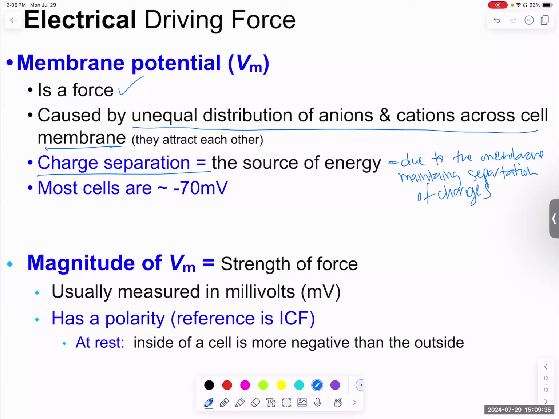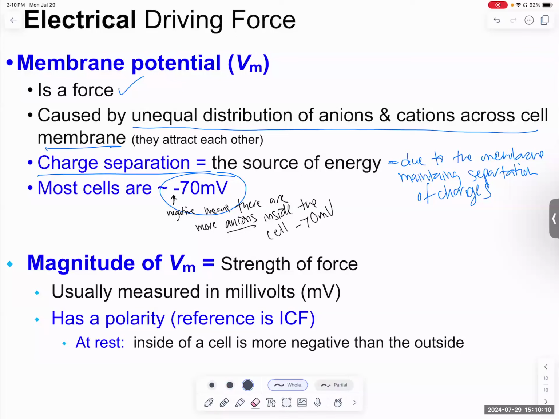And the inside of neurons and many cells is a negative 70 millivolts. And what this negative means, there are more anions inside the cell to the tune of 70 millivolts more negative. That's what the negative denotes.